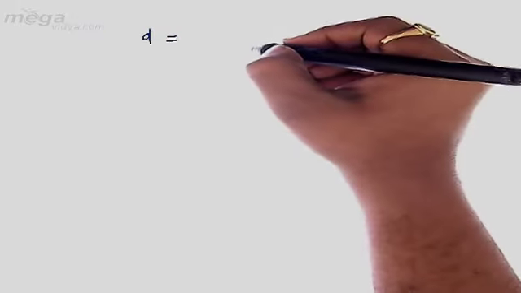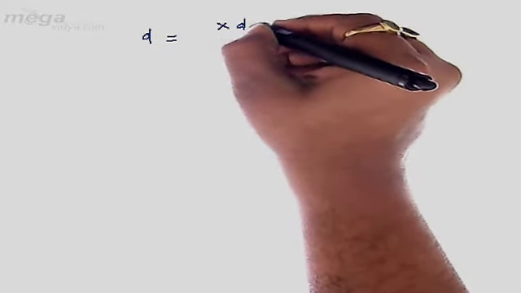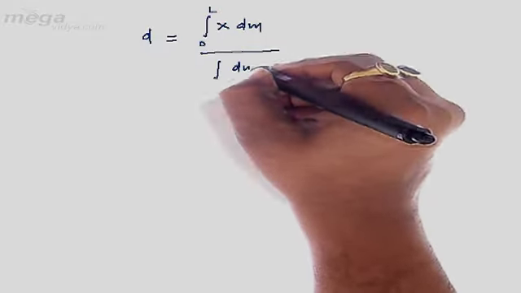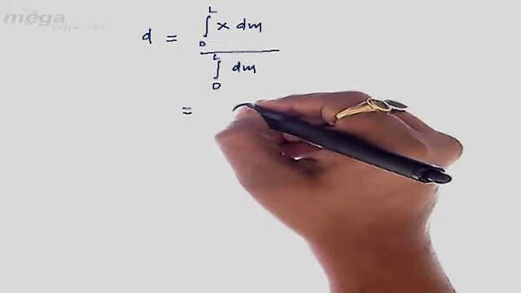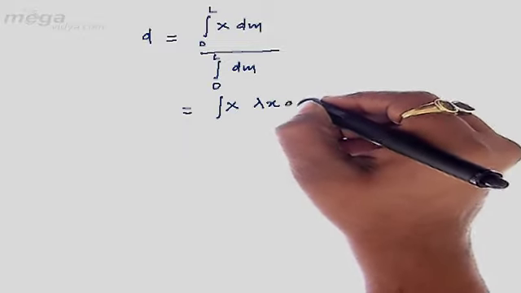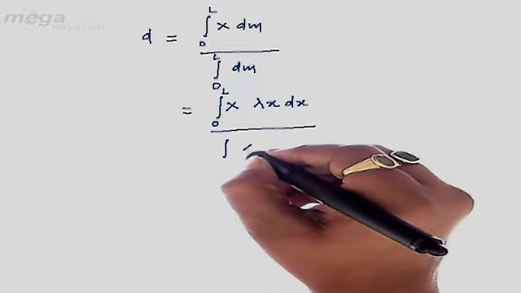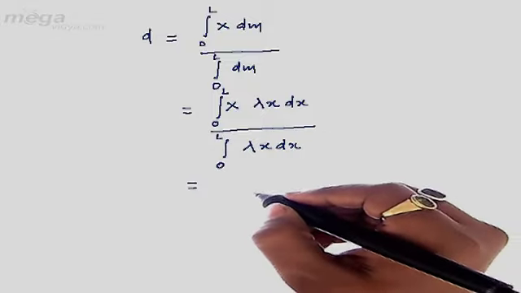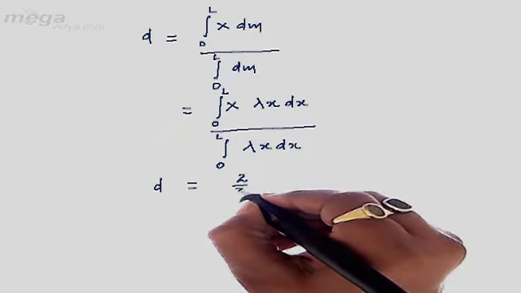According to the formula of center of mass, it will be equal to the integral of x dm from 0 to L upon the integral of dm from 0 to L. As already calculated, the value of dm will be lambda x dx, with limits of integration 0 to L in both. Calculating the above, the value of D, or the center of mass from the axis of rotation, comes out to be equal to 2 upon 3 L.